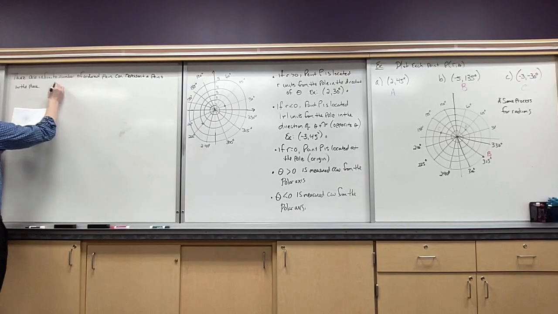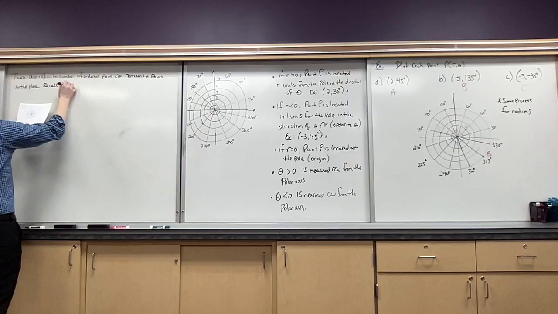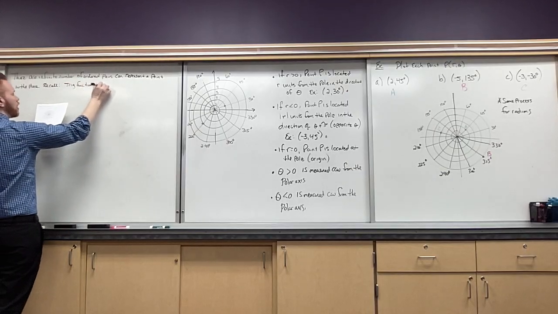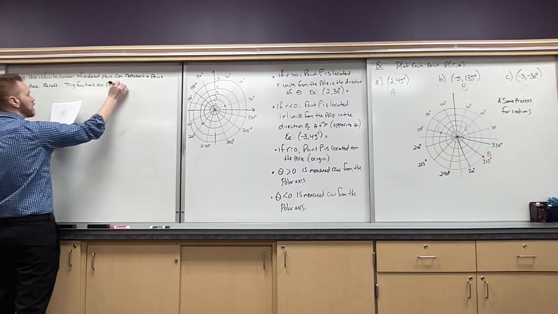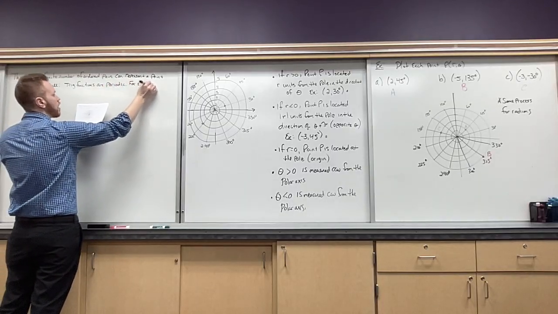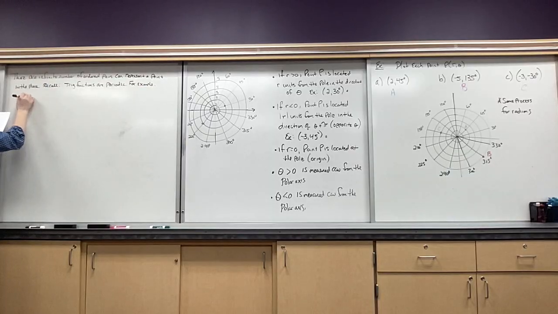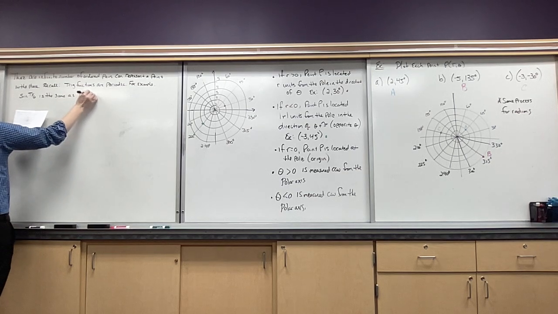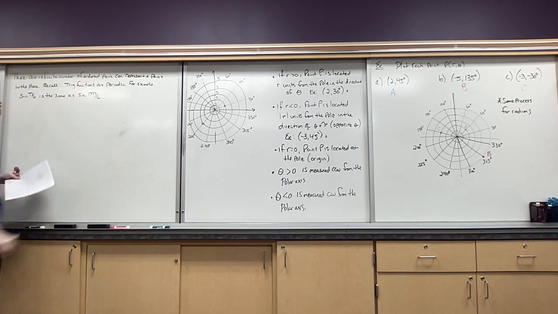Just recall that our trig functions are periodic. So for example, sine of pi over 6 is the same as sine of 13 pi over 6, because we just add 2 pi to it and we get the same value. Add 2 pi to it and keep going.